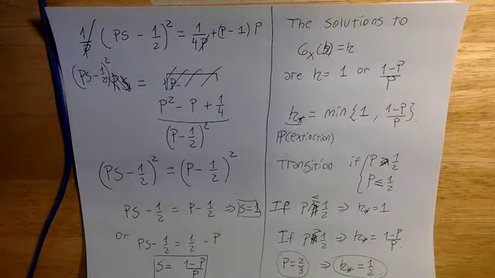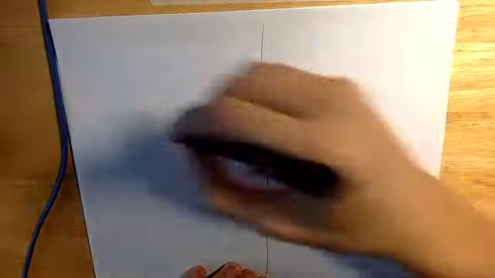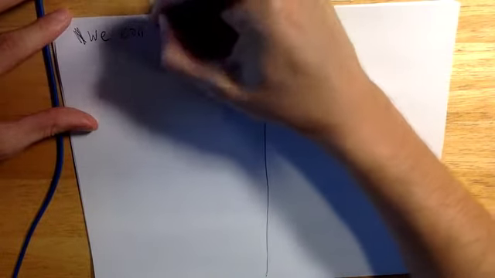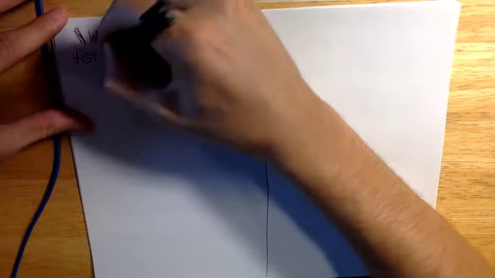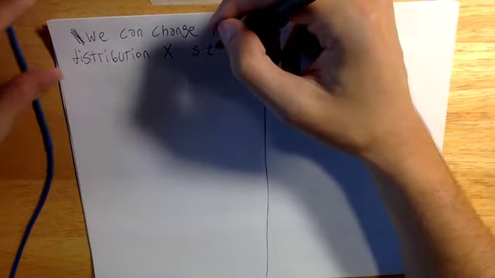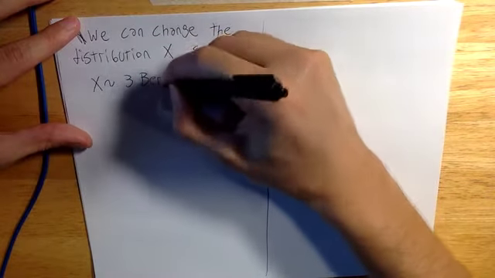So similarly, we can see what happens if we change the distribution x such that x is distributed like, let's say, 3 times a Bernoulli variable p.